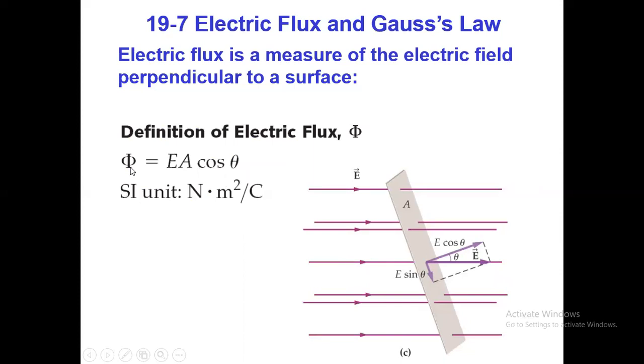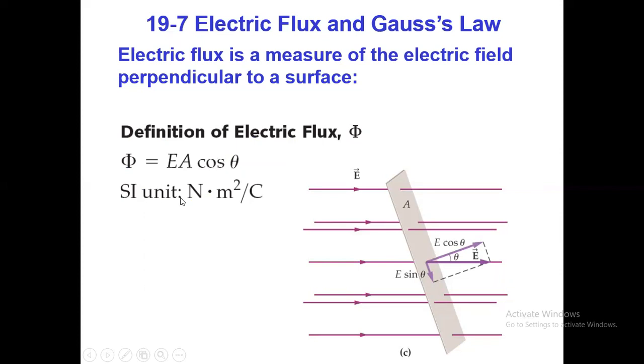The formula would be phi equals E, the electric field, multiplied by the area through which the lines of force are going, multiplied by cos theta. Theta is the inclination angle between the electric lines of force and the surface.